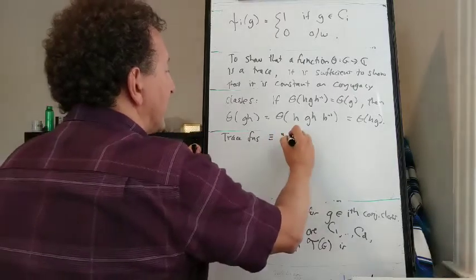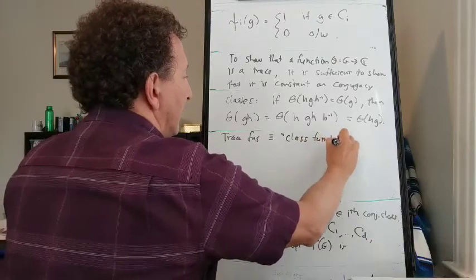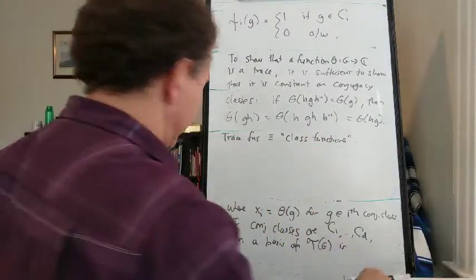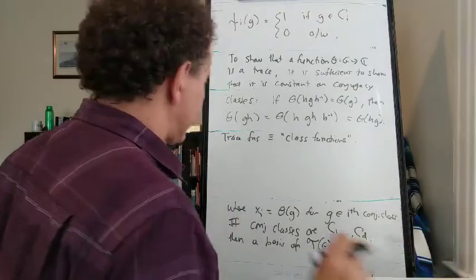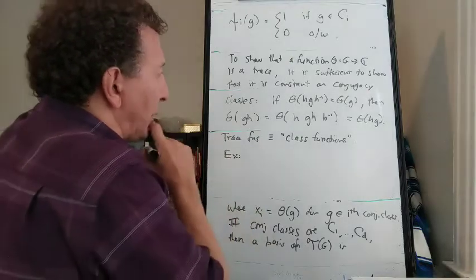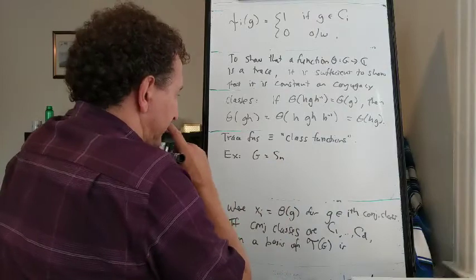So trace functions are sometimes also called class functions, showing one property is equivalent to showing the other. So for example, let's let G be the symmetric group.